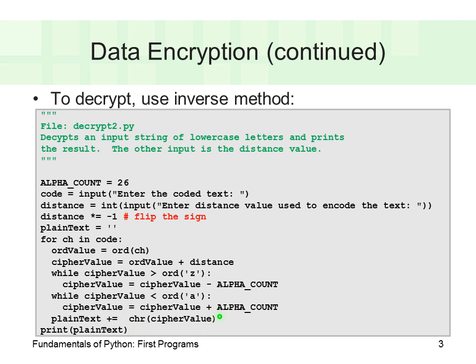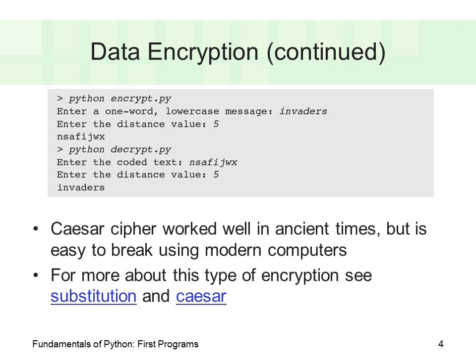We take our value that we came up with, and we convert it to a character, and then we add that character to the current value of plain text. Finally, when we exit the for loop, we'll print the plain text, and we can look at it. And again, please download this code, try it out.